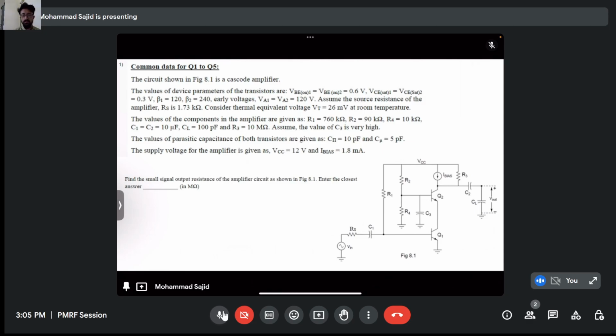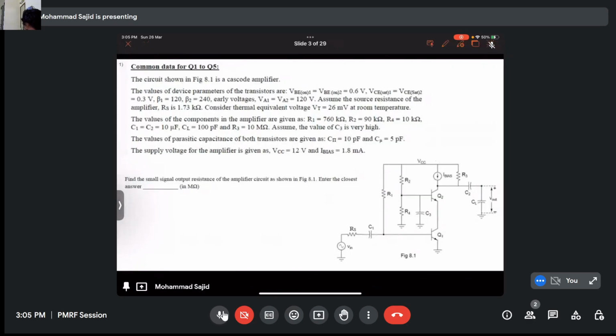These are two transistors, Q1 and Q2. VBE on for both transistors is given as 0.6 volt.